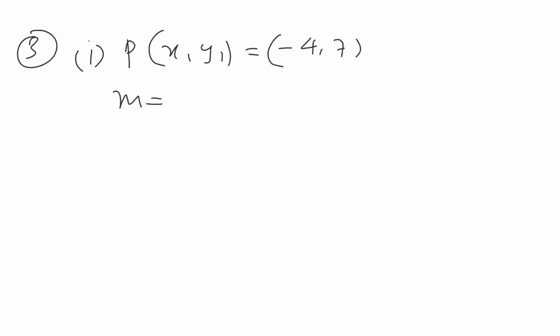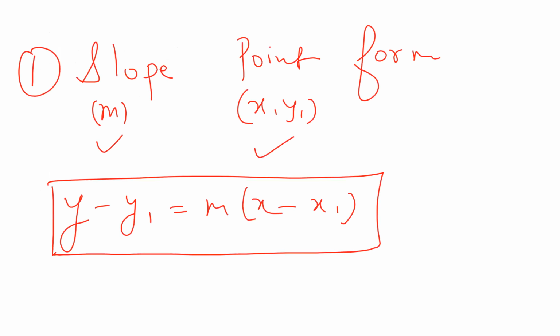Yeah, they have given it, sorry. Slope m, so m is equal to minus root 3. So now in this case, we have the slope, we have a point. So we can use the slope point form. So by slope point form, the equation of the line will be, look at the slope point form. This is the slope point form: y minus y1 is equal to m times x minus x1.